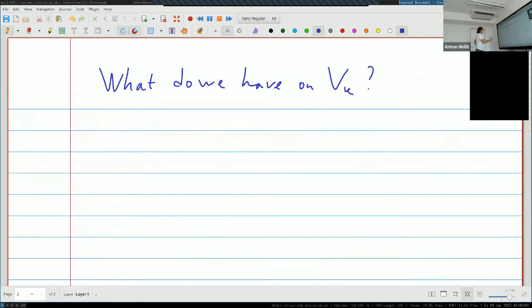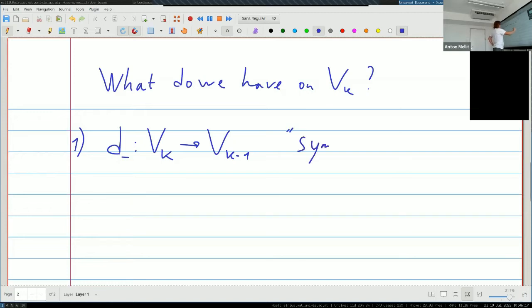Well, one operation, as we saw on the previous page, is the operation which we denote by d minus, and it goes from VK to VK minus 1. This operation is symmetrization with respect to, let's say, yk.